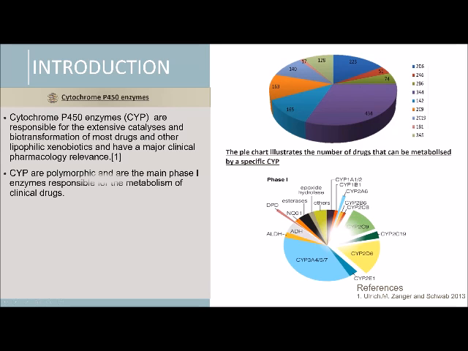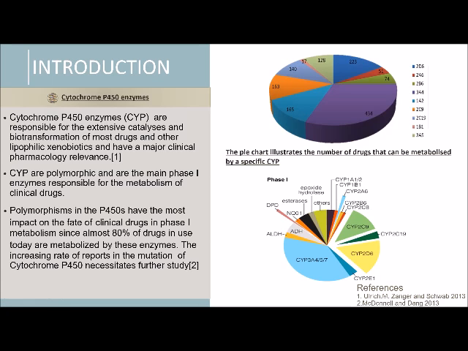Cytochrome P450 enzymes are highly polymorphic and they are involved mainly in phase 1 metabolism of clinical drugs. As seen in the pie chart here, the majority of the enzymes involved in phase 1 metabolism are cytochrome P450 enzymes, and my references are indicated below.